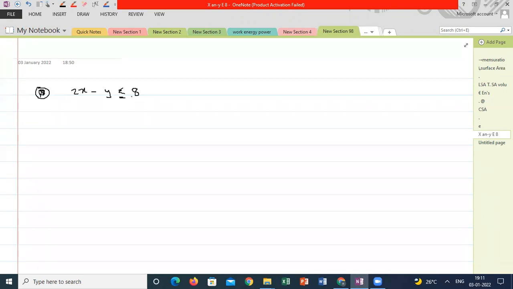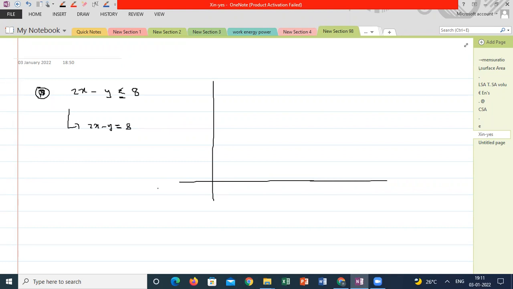So we have to first draw the graph. Assume this equation is 2x minus y equal to 8 and draw the graph. Usually I will take the x intercept and y intercept. If x is equal to 0, y is equal to minus 8.